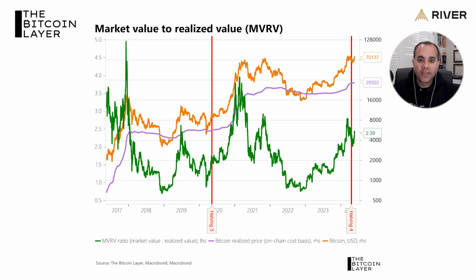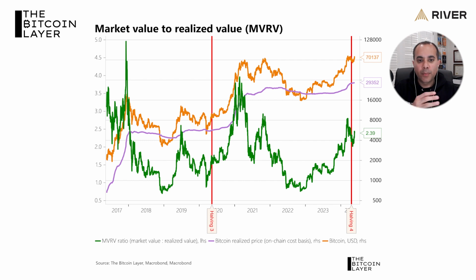I'm going to put a chart on the screen here for people. This is the 3 metrics we've been discussing. Check, this is our TBL chart here. I know you've seen our version of this with Bitcoin's price in orange, the realized price in purple, and then the MVRV ratio in green here for you guys to show you that over the last 2 halving cycles, what have we seen?